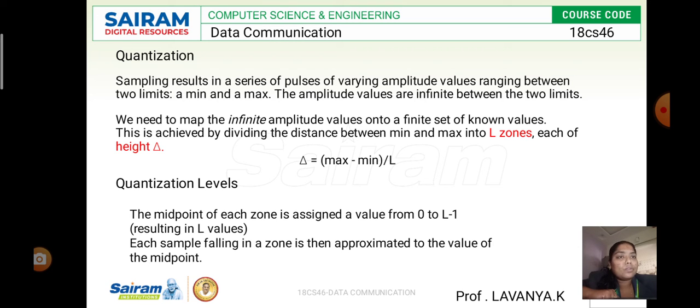They use delta equals maximum minus minimum divided by the number of levels, meaning they take the maximum amplitude of the samples as well as the minimum amplitude, calculate the difference, and divide by the number of levels. Finally we get the quantized samples, which we receive at the end. So this is the formula.